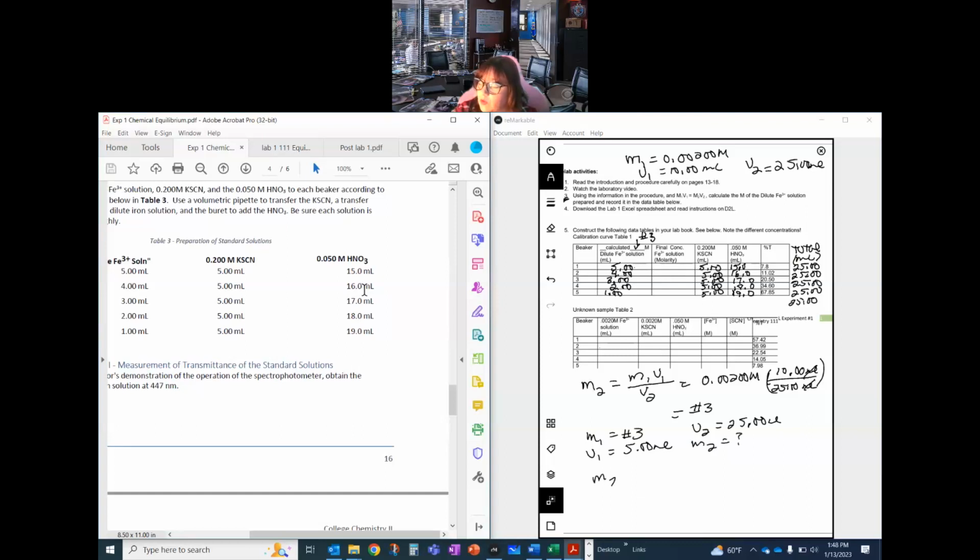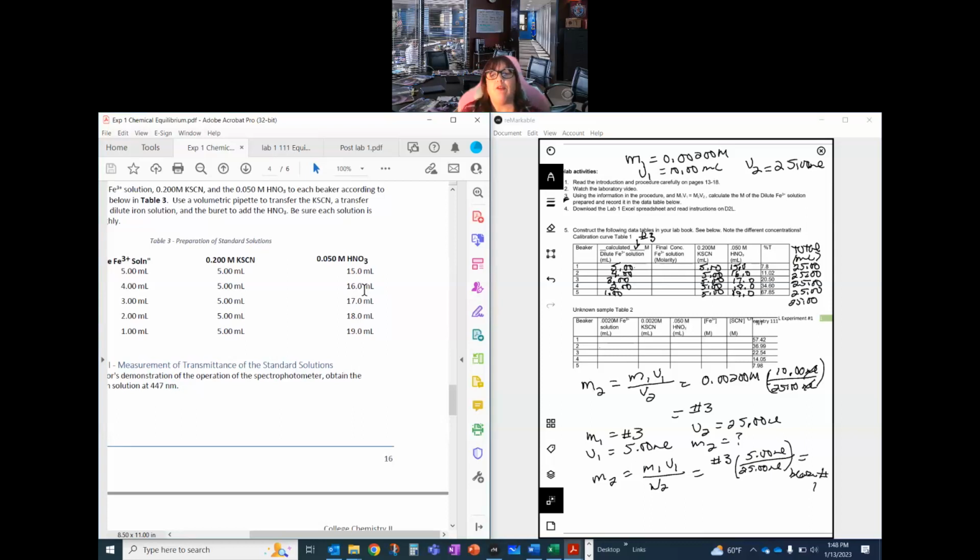So again, I'm going to take M2 = M1 V1 over V2, which is the M1, the answer to number 3. I'm going to multiply that by 5 milliliters, because that's how much of it I used, and divide that by the 25 milliliters that is the total volume. And that answer right there is beaker number 1.